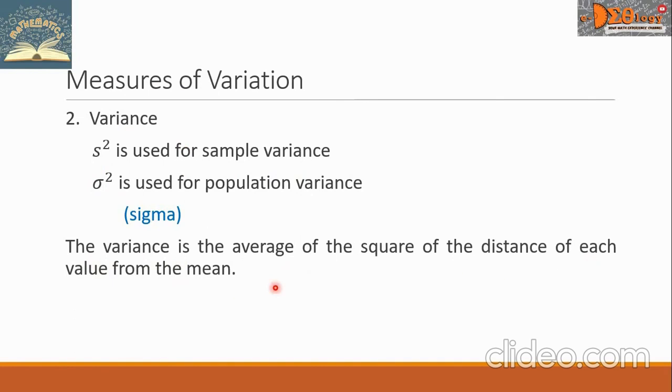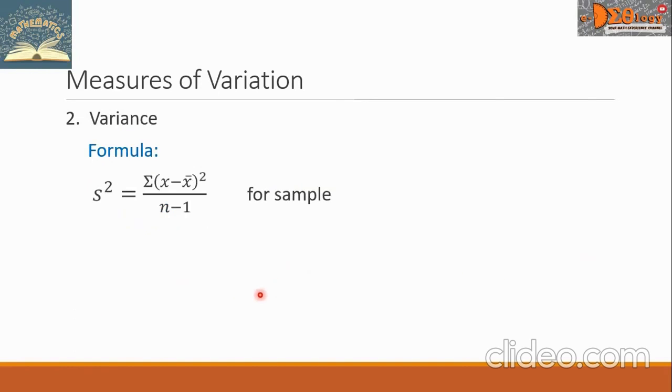By this definition, we can write the formula. S square equals the summation of the square of x minus x bar all over n minus 1. This formula is for sample.